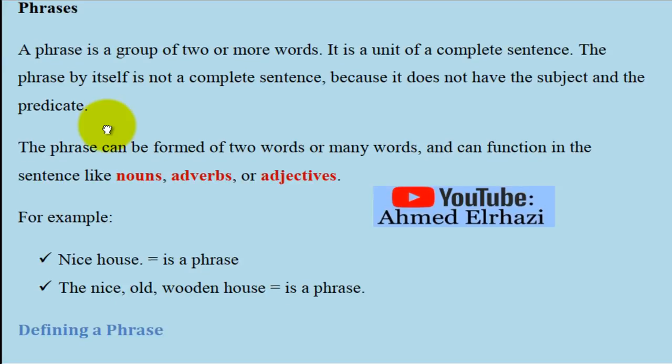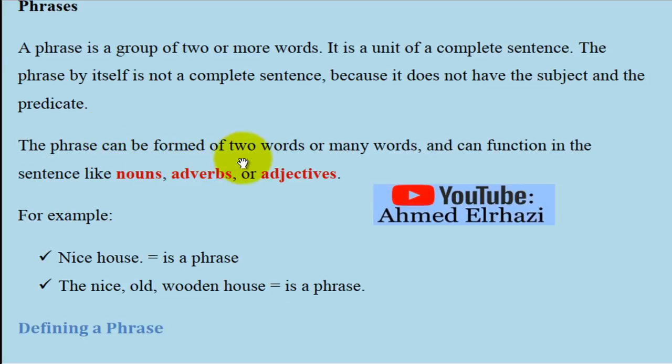Okay? The phrase can be formed of two words or many words and can function in the sentence like nouns, adverbs or adjectives. يعني هذاك الجزء من الجملة اللي سميته phrase يقدر يتقاد بجوج كلمات أو لا أكثر ويقدر يدير العمل ديال a noun or an adverb or an adjective.